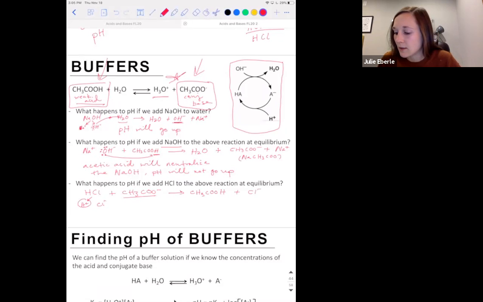So the conjugate base will bind the H plus, and really, by binding the H plus, what we mean is it will neutralize the acid. That's a better word than bind or pick up the H plus. It'll neutralize it, and pH will not go down.